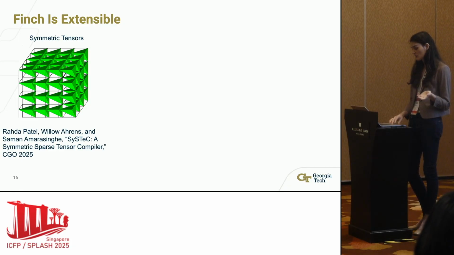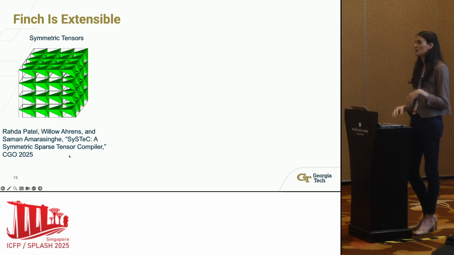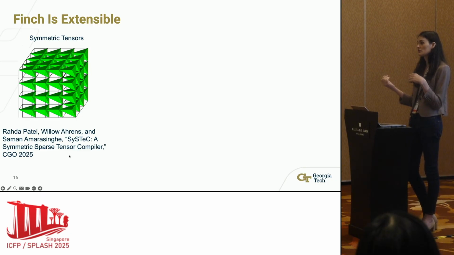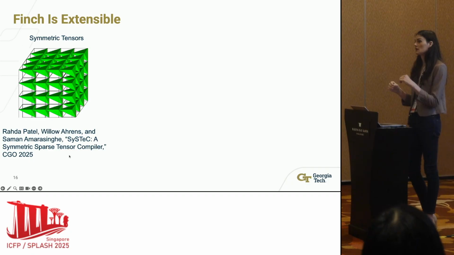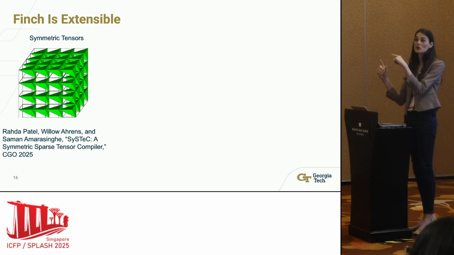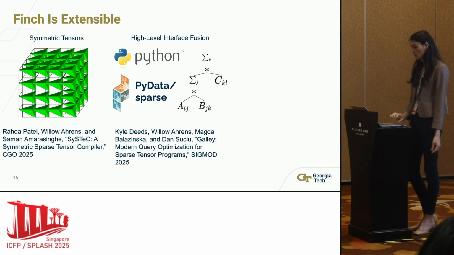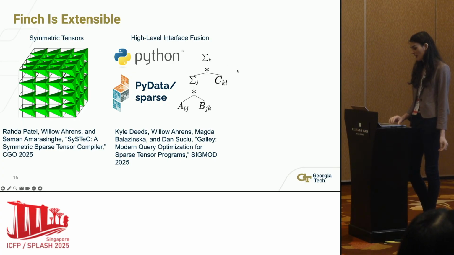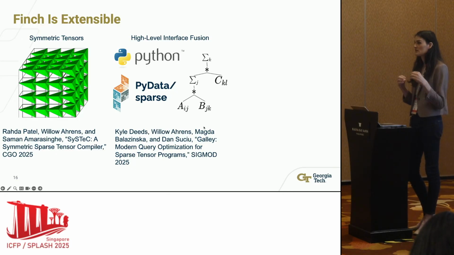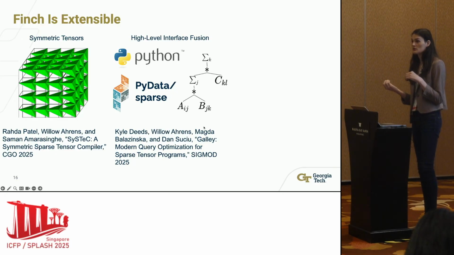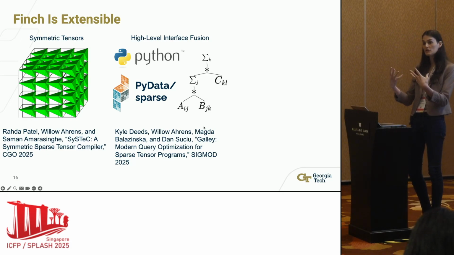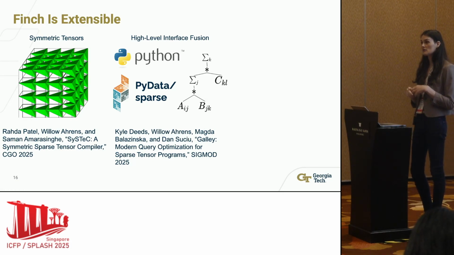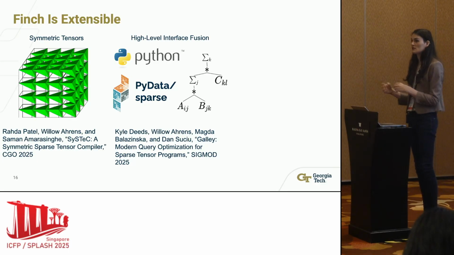So the way that this worked is that it used the control flow constructs of Finch to emit things like filters that only iterate over one triangle of the symmetric input. Another effort that we have going on is a database query optimizer used to actually optimize high-level API calls down into Finch calls at the lower level.